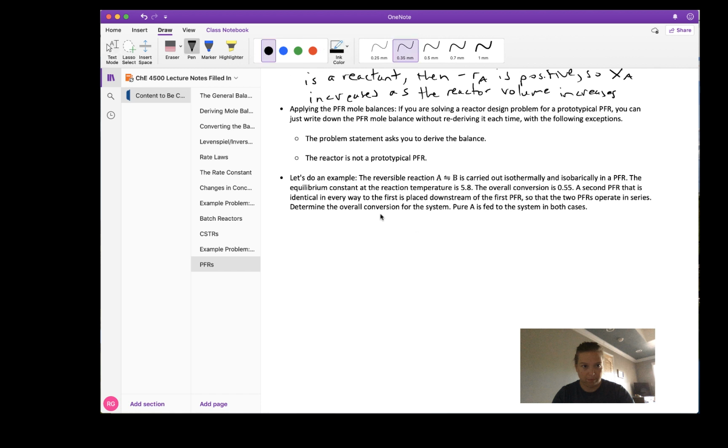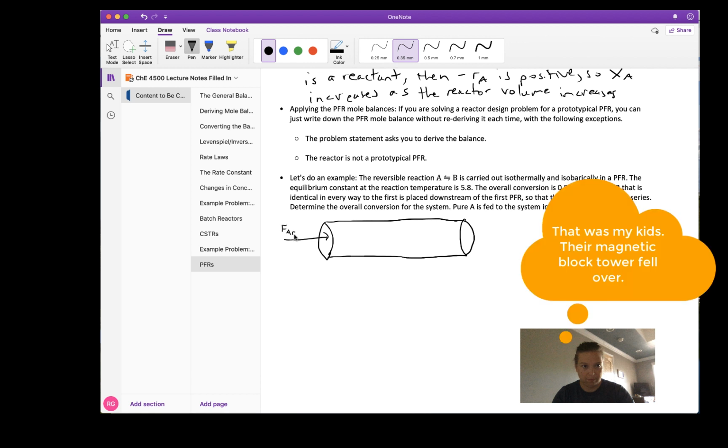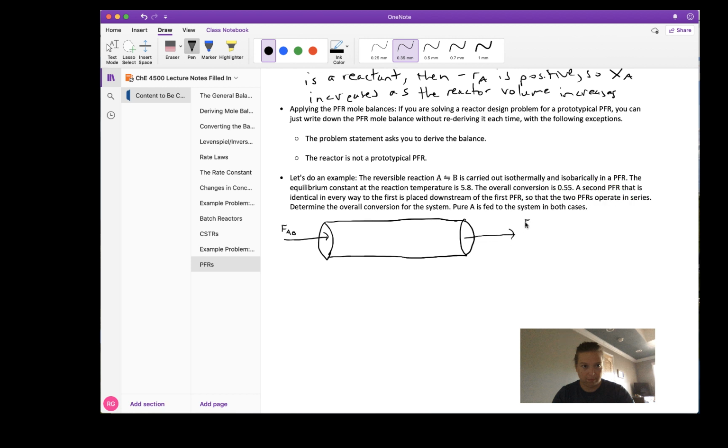So let's start this out by drawing the system. So we have a PFR. This is a tubular reactor. So what we have going on is at the reactor inlet, we have A coming in, pure A. And then coming out of the reactor, we would have A and B, FA and FB.